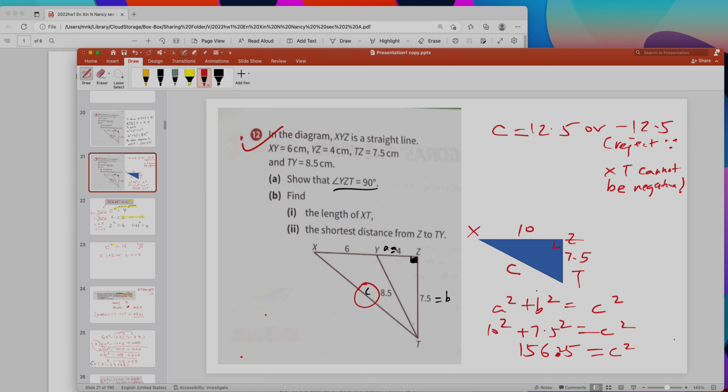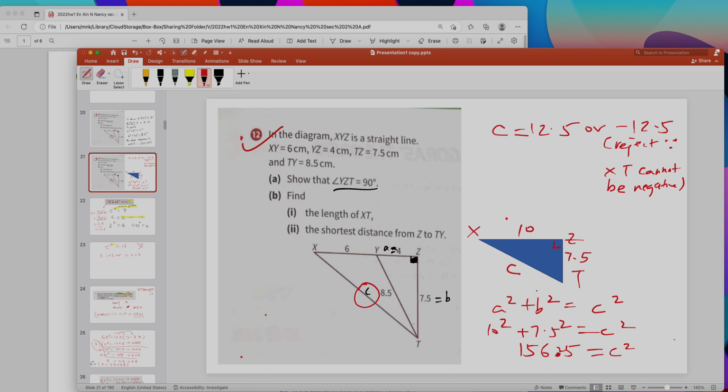A lot of students have not considered a negative value, and then they get penalized for 1 mark. So for this case, negative 12.5 you need to reject because XT cannot be negative, because it's the length. If you just have C equal to 12.5, you get penalized.